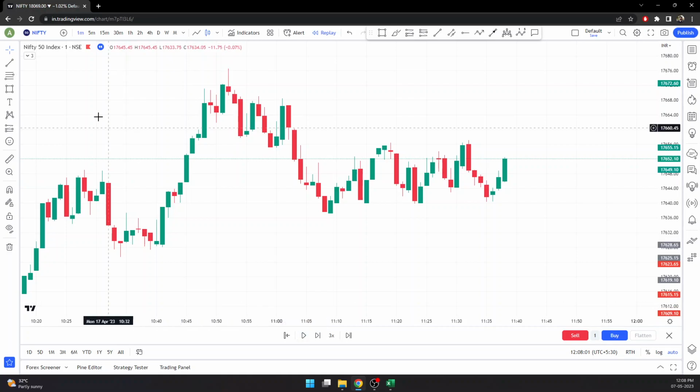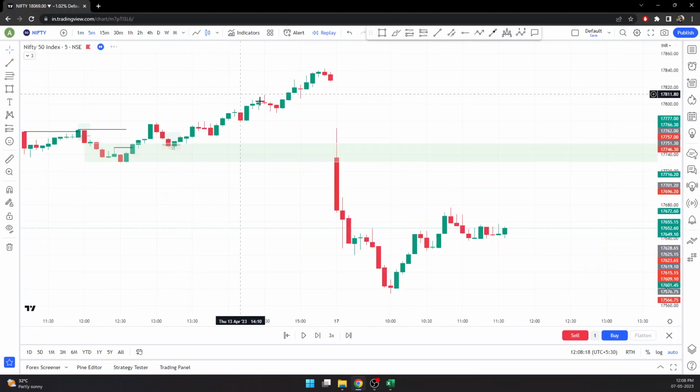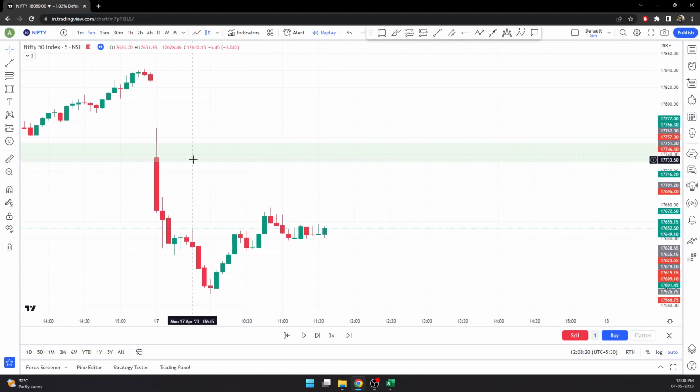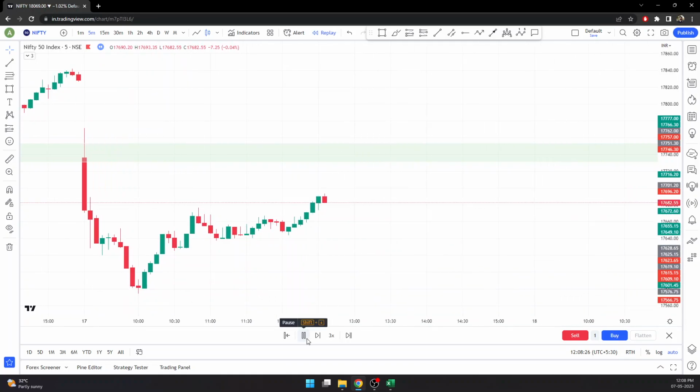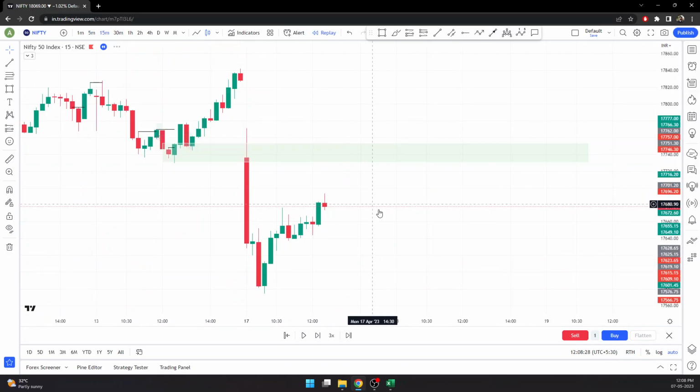But when we do indices, we have to take futures or options. So in case of options, this could be a very risky trade where the market is sideways. As we know, there is no clear trend as such, so a lot of traders would avoid taking a trade. Let's see what happens in 15 minutes.